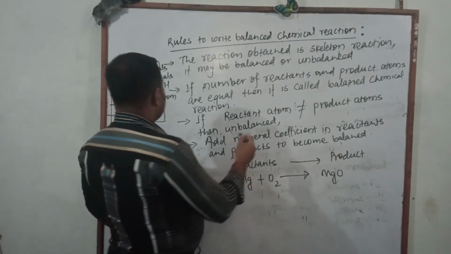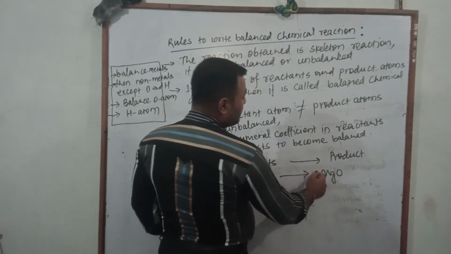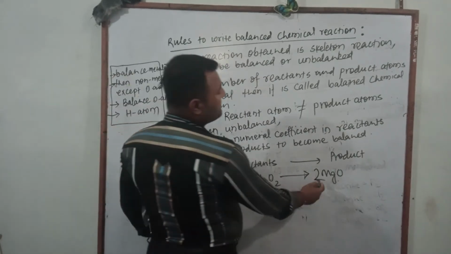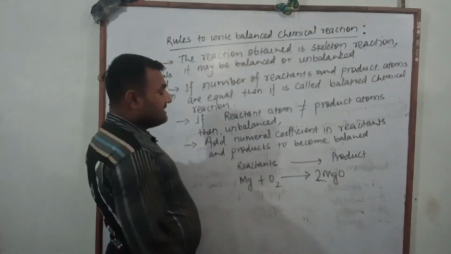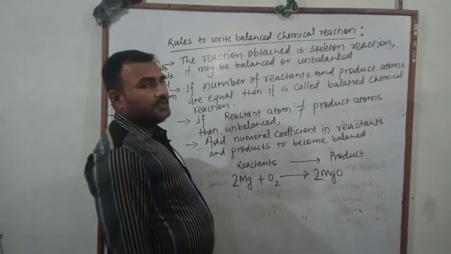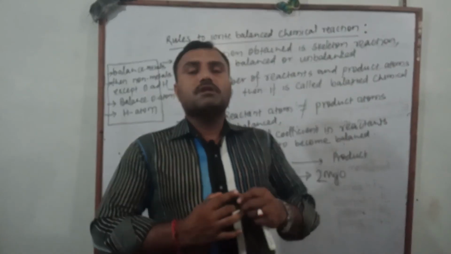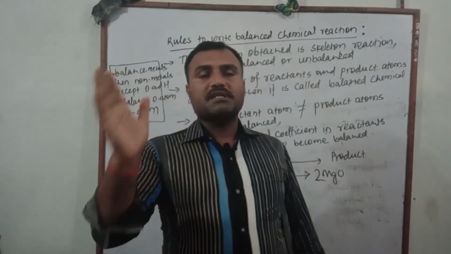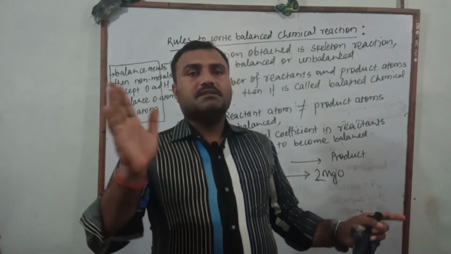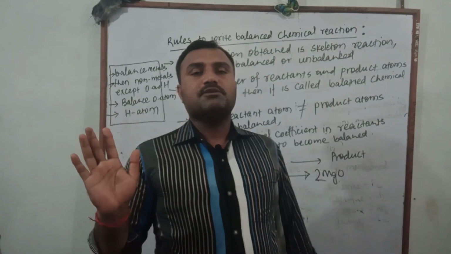Here oxygen is not balanced. In the reactant 2 oxygen are there, and here we write 2. Now the magnesium number also increases, and therefore here we write 2. So while balancing, every time, first count the number of magnesium or metals and balance metals first. Then count non-metals except oxygen and hydrogen.